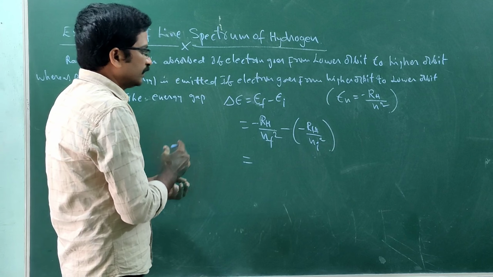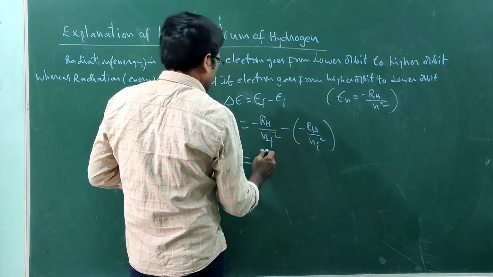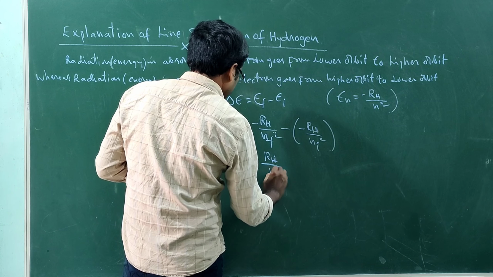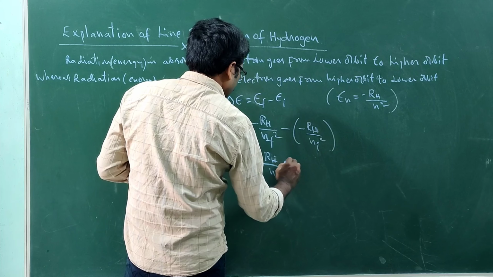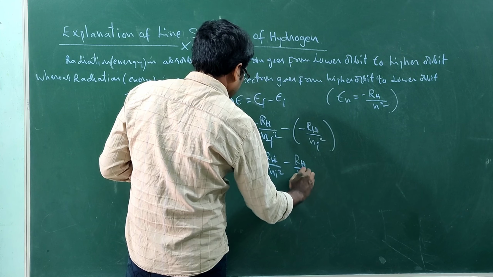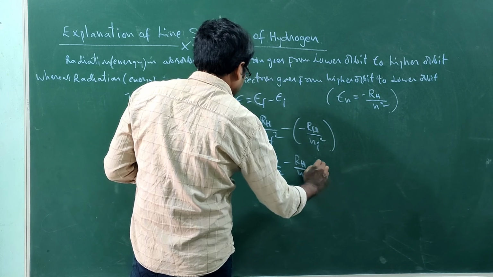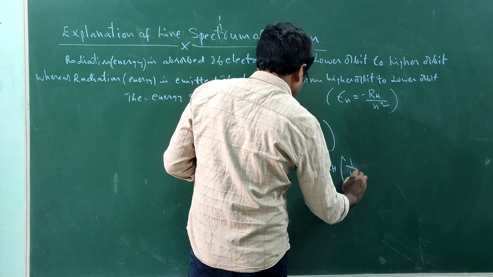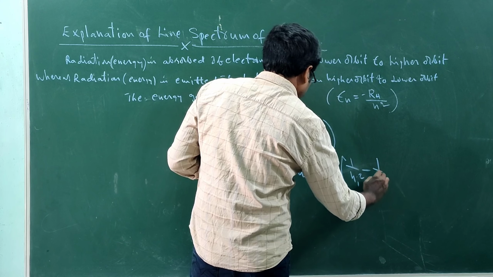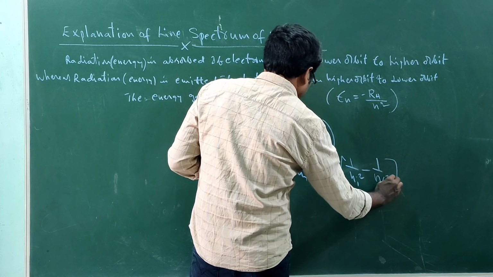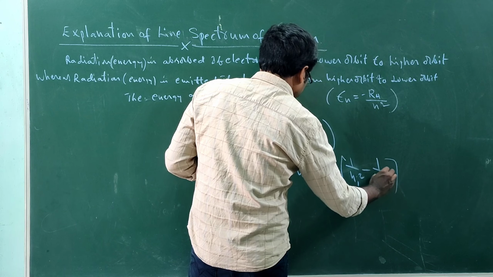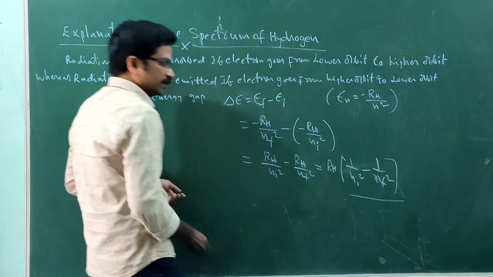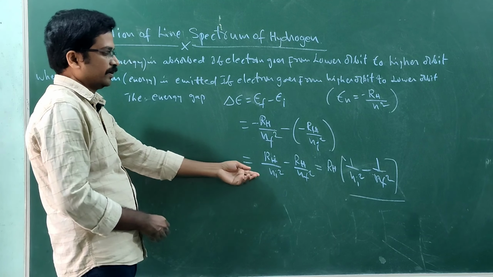Then, what do you understand? Minus, plus, so RH by ni square minus RH by nF square, which gives rise to RH times 1 by ni square minus 1 by nF square. You can write this down.